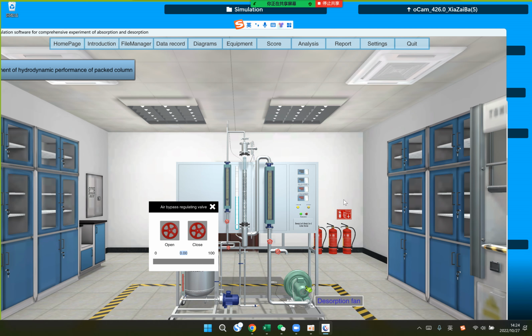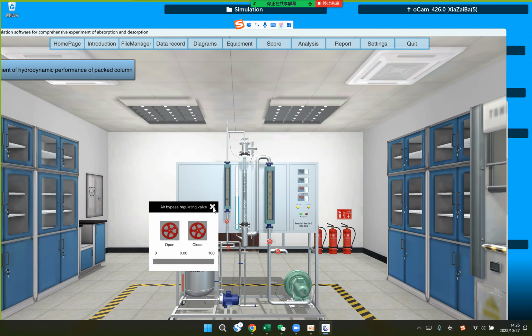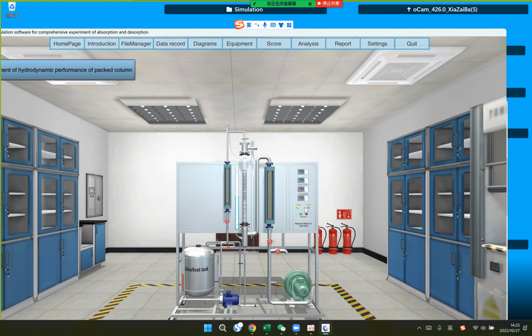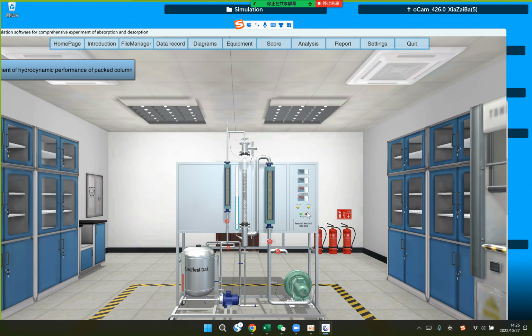The procedure is different. And then close the regulation valve for the water. Close it, and then close this fan, I think. Close this pump, and then turn off the main power.